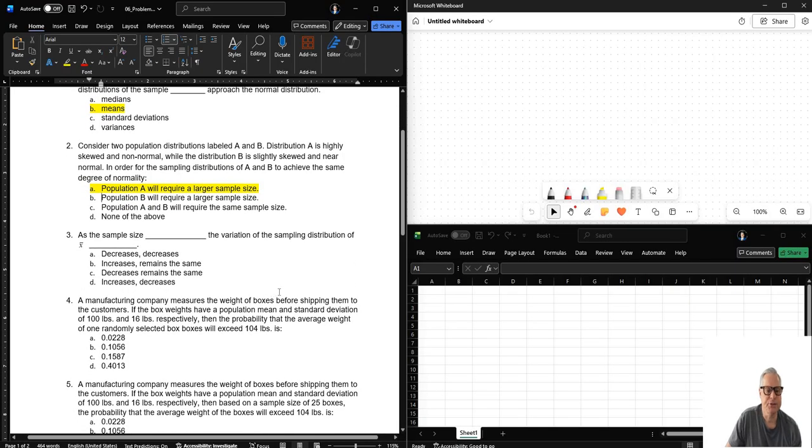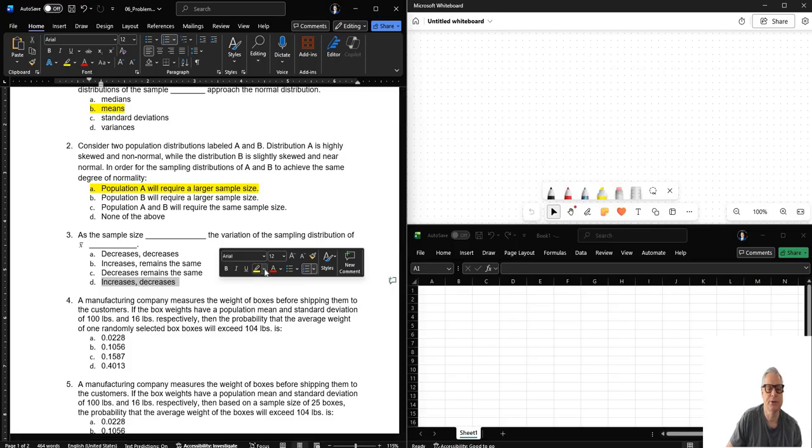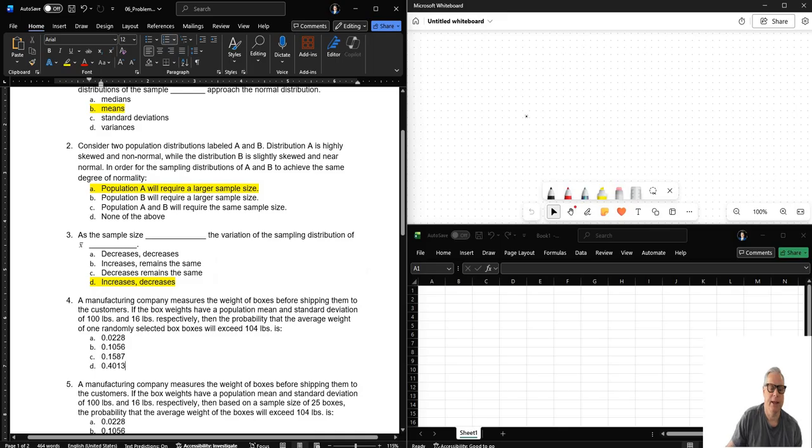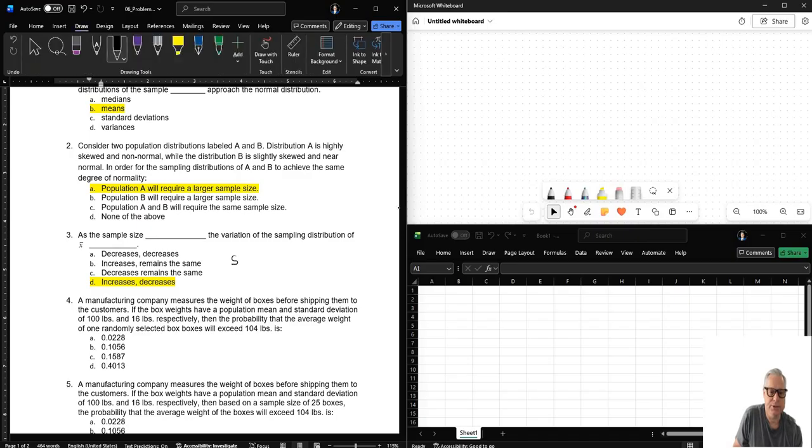As the sample size blank, the variation of the sampling distribution of x-bar, the mean of the sample, there's the sample size, it's an inverse relationship. As the sample size increases, the variation of the sampling distribution decreases. So that is D. And of course, that has to do with the standard error.